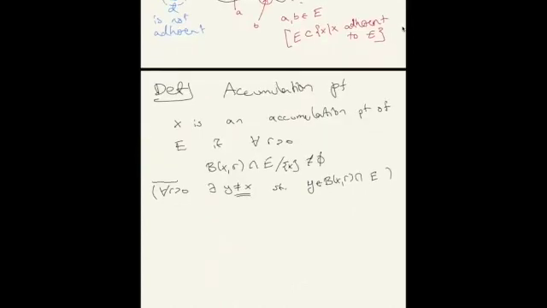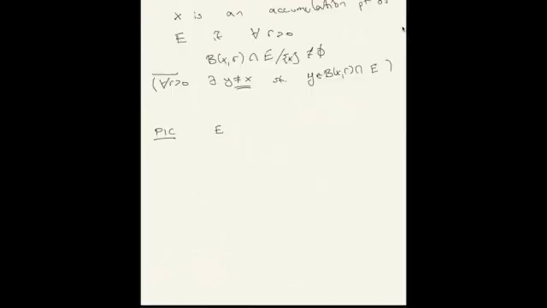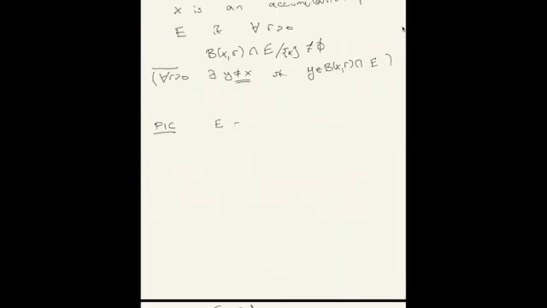So, to give an example, suppose my E is, say, {0} union [1, 2].